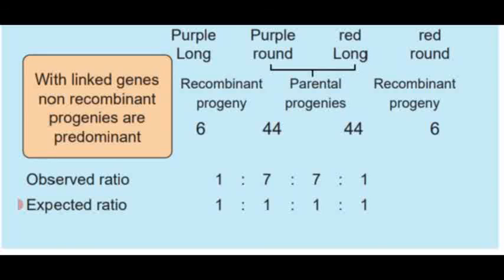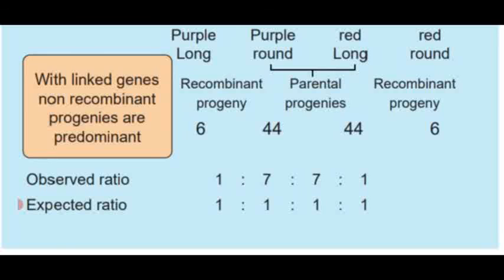So in both experiments in the pea plant, they are not showing the expected ratio, but they are showing different combinations due to the location of the alleles on the same homologous chromosome or different homologous chromosomes. Their inheritance is also different due to the position of genes.